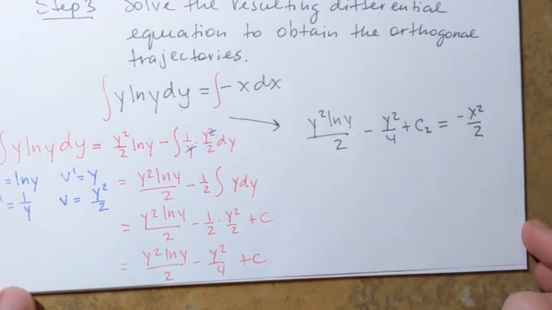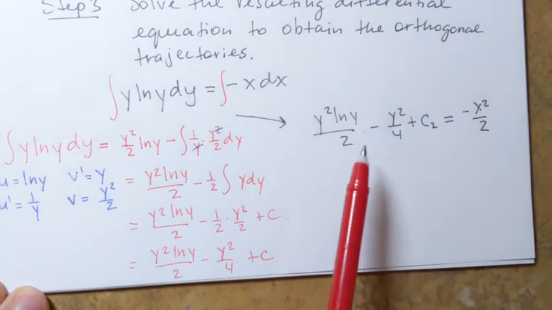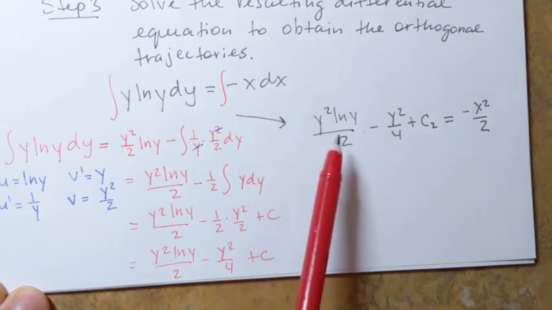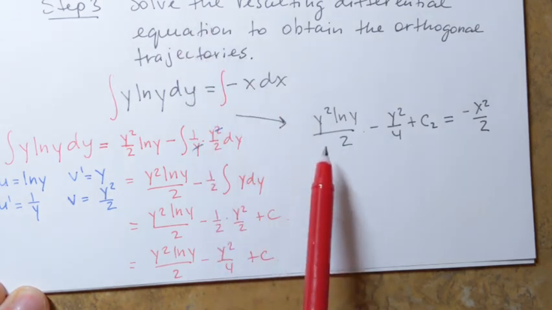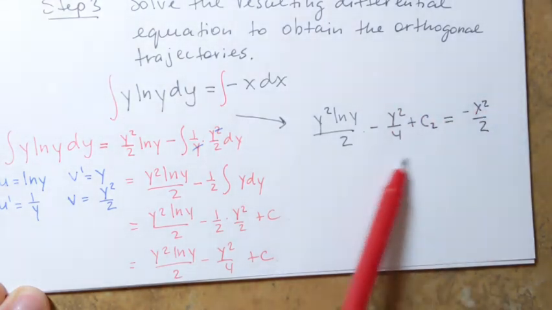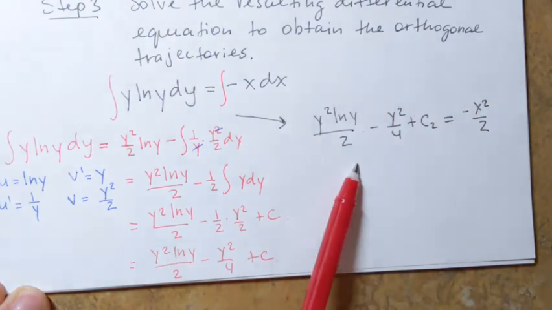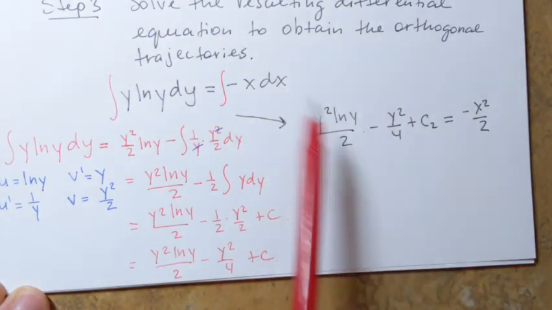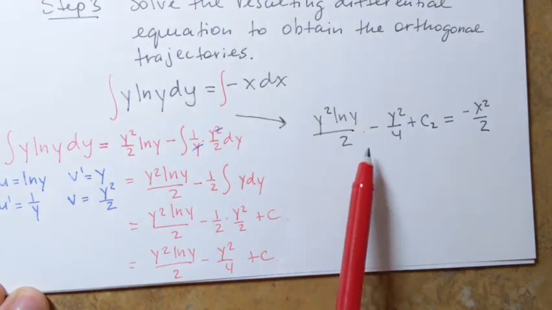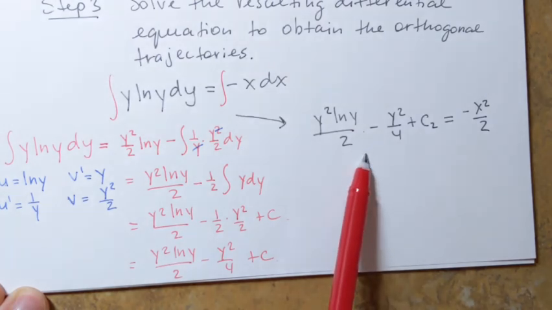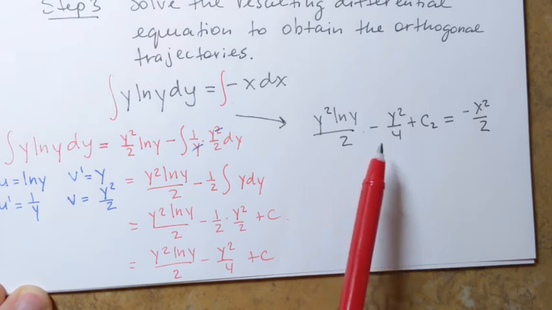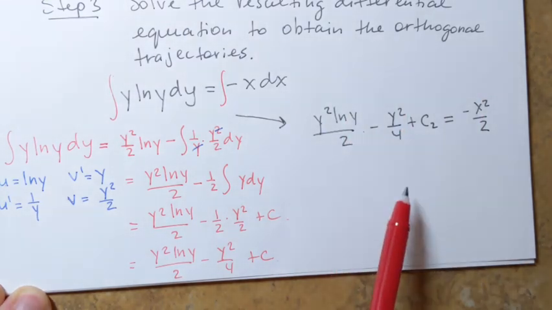We can always rename them and relabel. But that's what it is. So we solved the differential equation, and we obtained the corresponding family of curves. That's the solution to that differential equation, and that's the one that we call the orthogonal trajectories for our original family of curves.